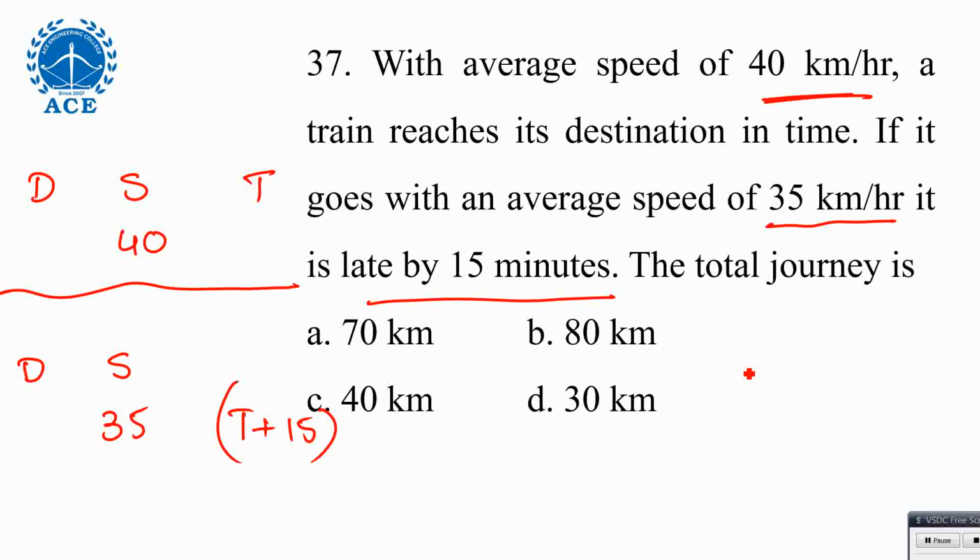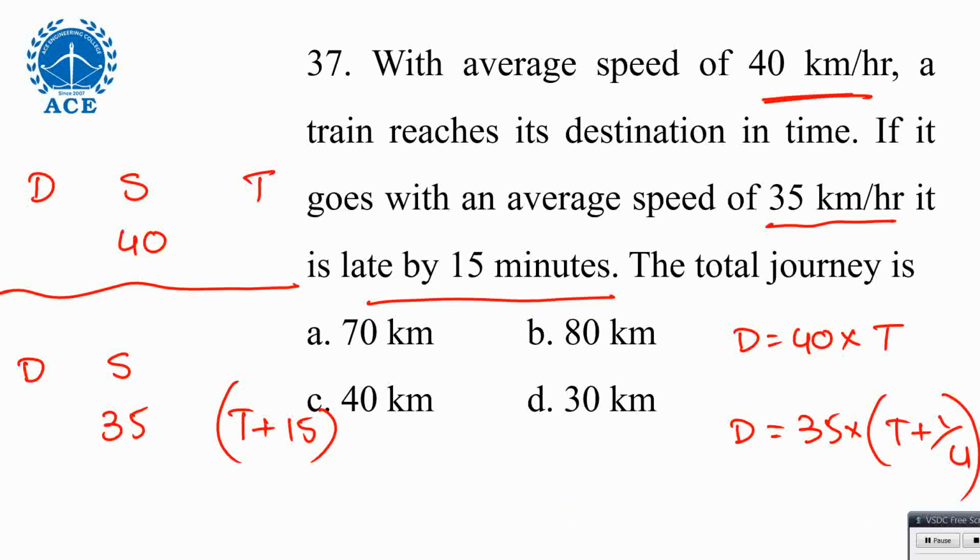Now, distance equals speed into time: 40 into t. Here distance is speed into time: 35 into t plus 15. But important, I'm writing t plus 1 by 4. Why 1 by 4? What are the units of speed? Kilometer per hour. When distance is in kilometers and speed is in kilometers per hour, time should be in hours.